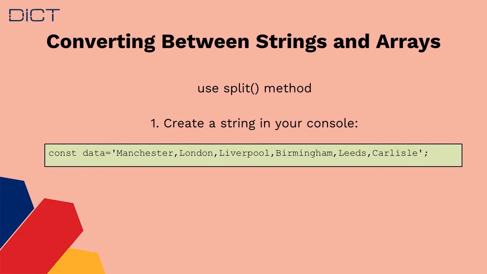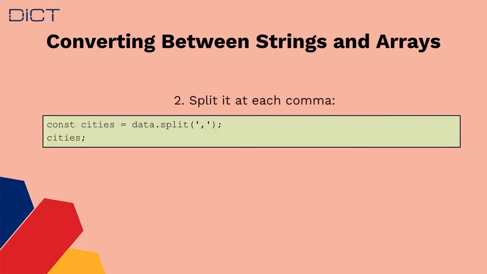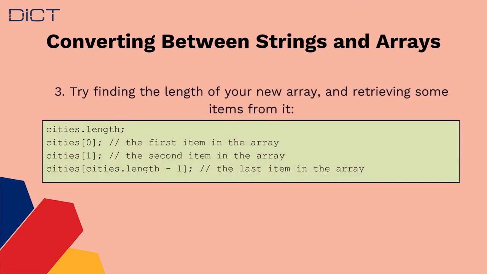Once we have declared a string data, we declare cities equals data.split. So you are calling the data and splitting the data. If it encounters a comma, it will split the data and store it in cities. Okay, so we have split it and divided it into those arrays.